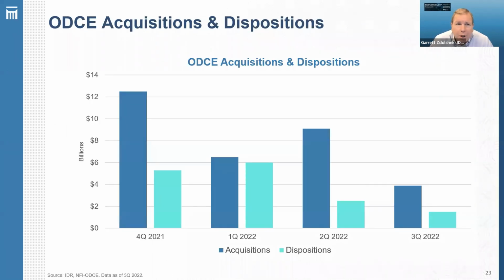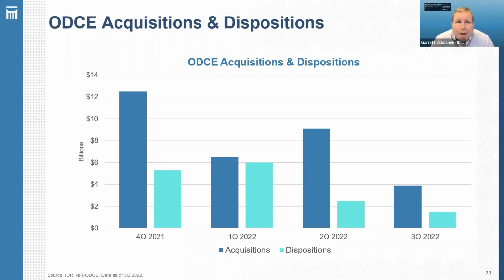In terms of what was bought and sold, you can see both acquisitions and dispositions are down quarter over quarter. 4Q is usually a really big quarter, but I think it'll probably be smaller than 3Q on an acquisitions side for sure. Big quarter for acquisitions, big quarter for dispositions, or both?